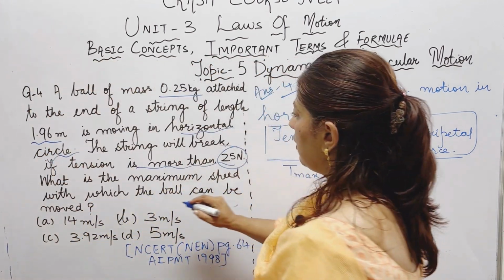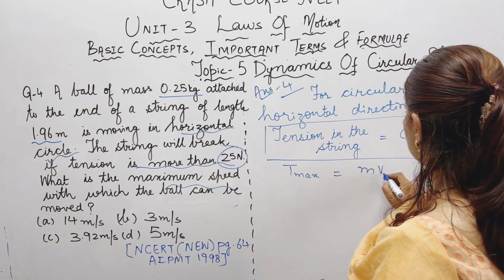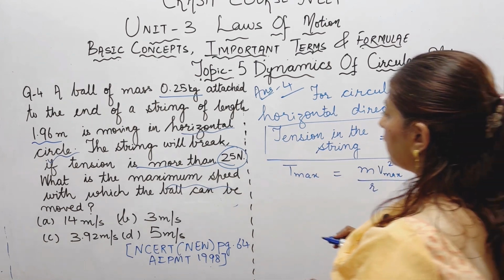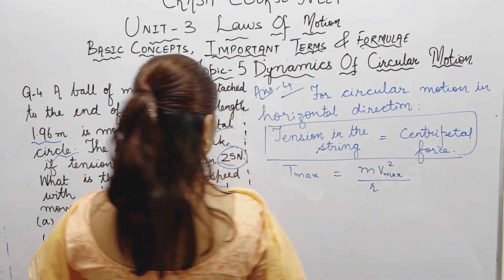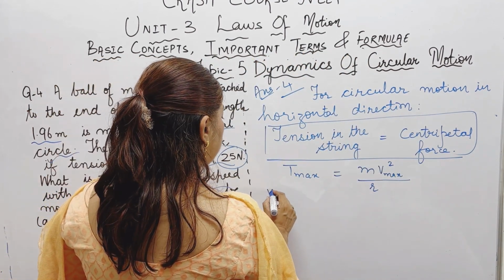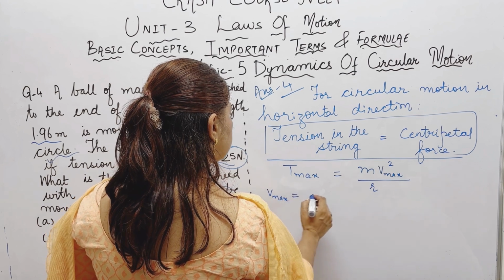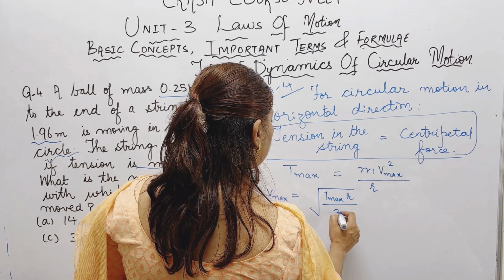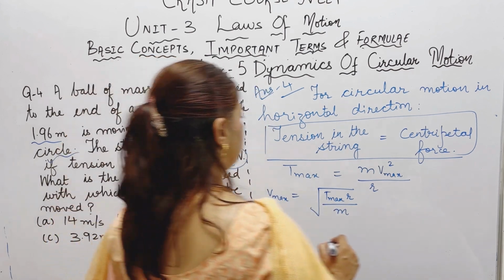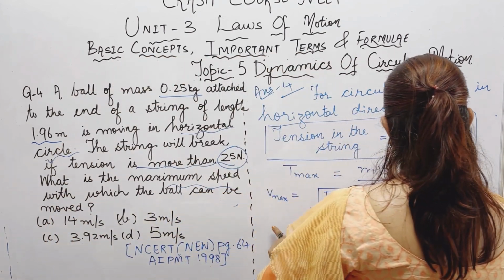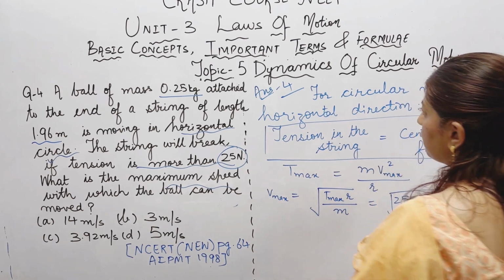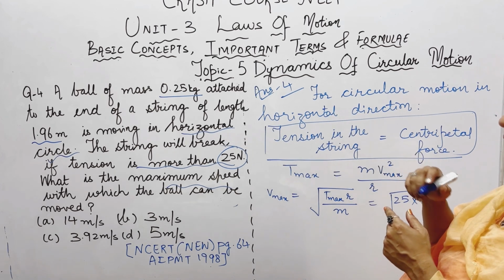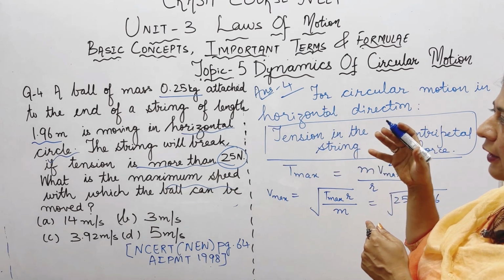And the maximum speed, which we denote by V maximum. What we are supposed to find out is the speed. So V maximum is equal to square root of tension maximum times R over M. Now, the value of T is 25. The value of R is 1.96. This length is going to be the radius.